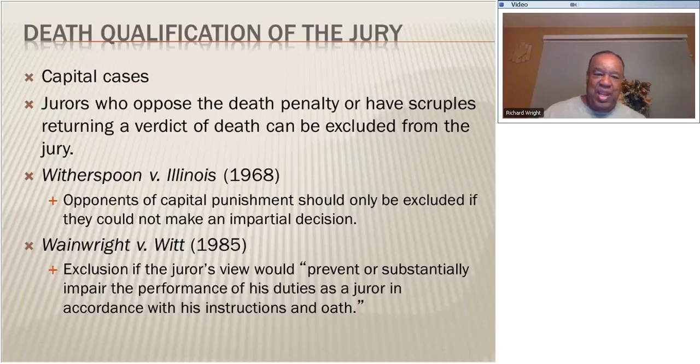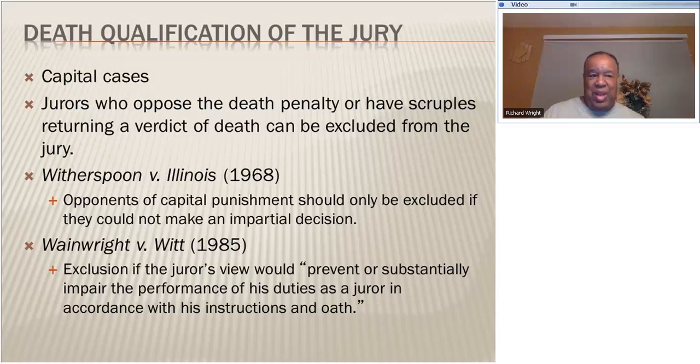The death qualification of the jury. We have what we call a bifurcated process now, and that came about some time ago. If you ever read Furman versus Georgia, you'll see what I'm talking about. The death penalty is not unconstitutional, but there are bifurcated processes. In other words, individuals could be tried for the crime, and then the jury has another hearing to determine whether or not the evidence that they heard was adequate enough for that person to receive the death penalty.